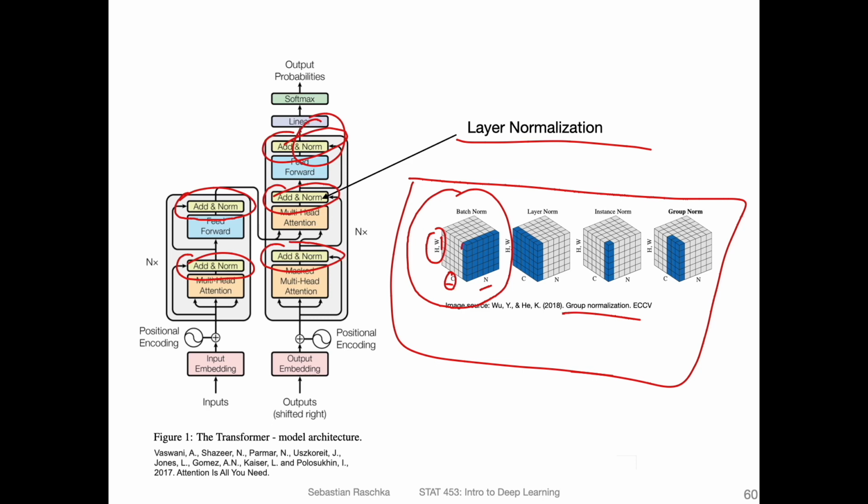Here the blue part is where we get the statistics for normalization. Here we are normalizing across N, so we are getting the mean and the sigma for the normalization from the batch dimension.